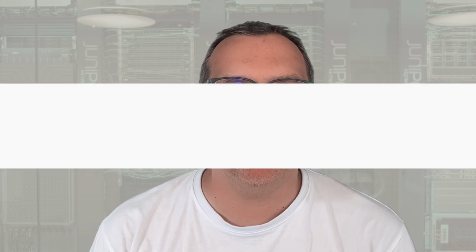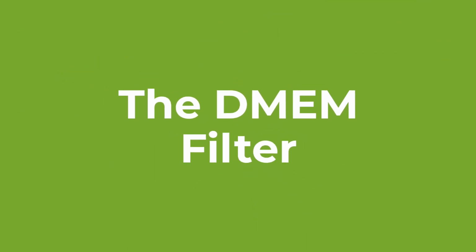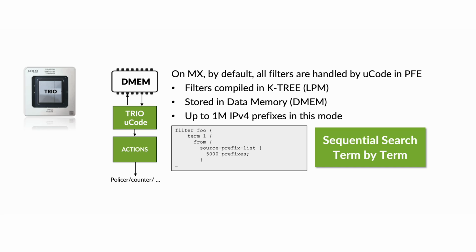On Trio, we offer 3 main solutions for filtering. The first one is the standard firewall filter, also known as the DMEM filter. The Trio ASIC fully manages this type of filter in hardware, and all entries reside in the DMEM memory. Filter execution is done sequentially, but offers massive scale, for example, up to 1 million unique prefixes.